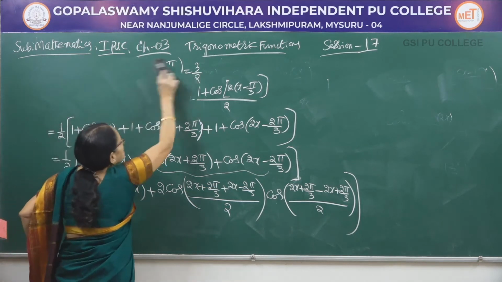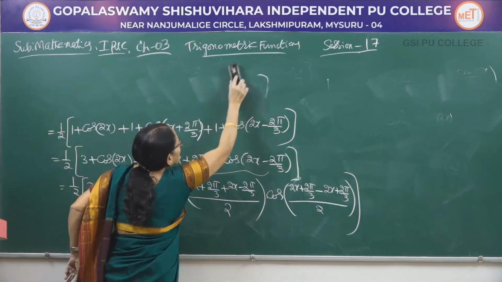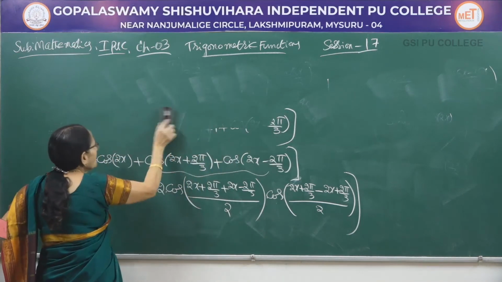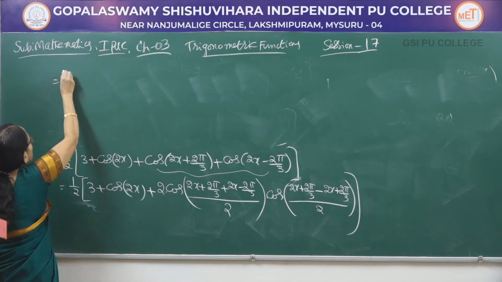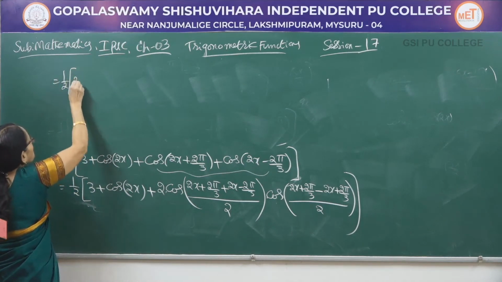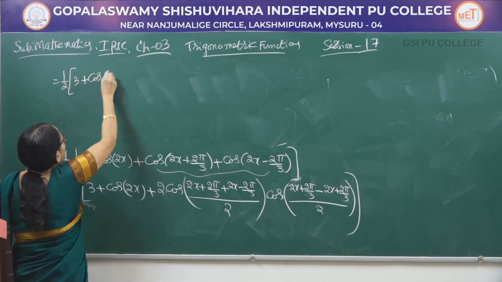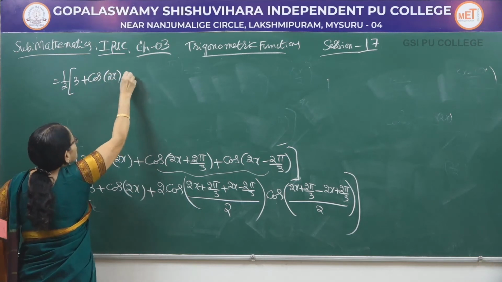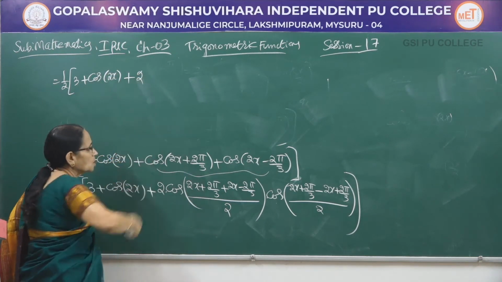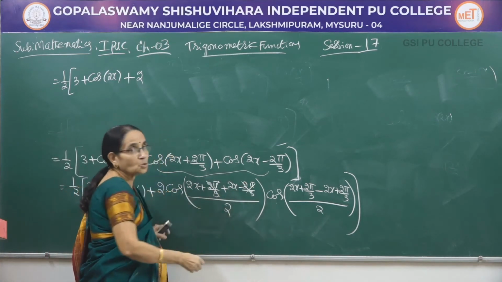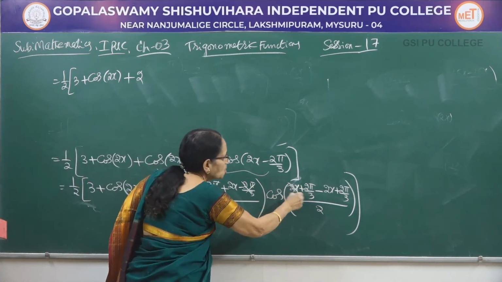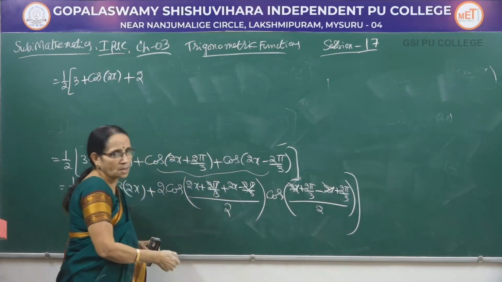Now let me simplify and make use of the allied angle. Automatically you get the right hand side. So this would be equal to half of 3 plus cos of 2x plus 2 into, look here, in the first bracket 2 pi by 3 minus 2 pi by 3 get cancelled, 2x and 2x, they get added.